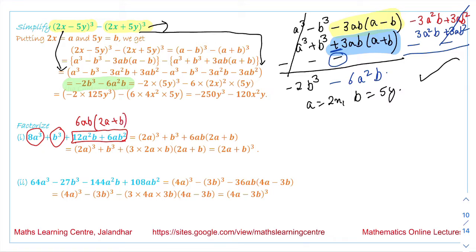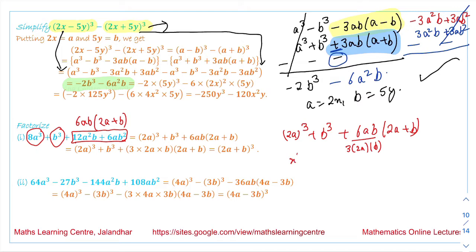So it means I can write this as (2a) whole cube plus b cube plus 6ab into (2a plus b). This 6a I can write like 3 into 2a into b.